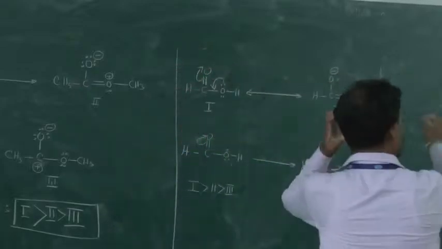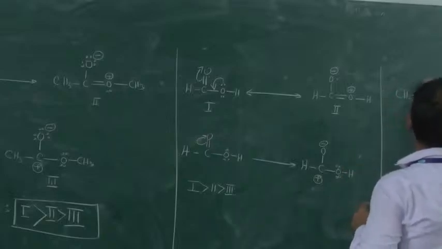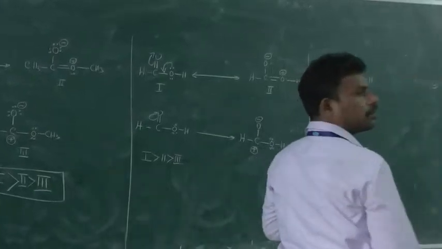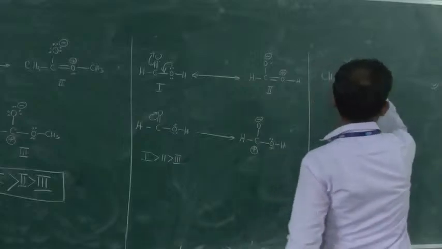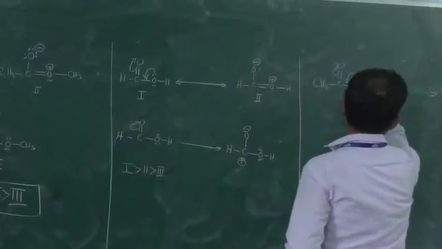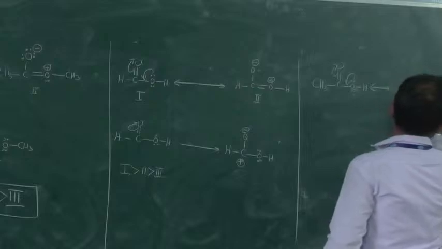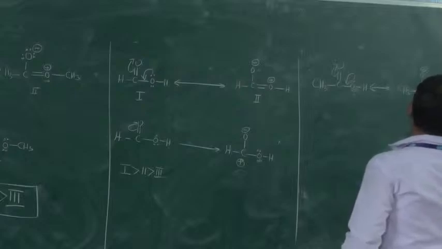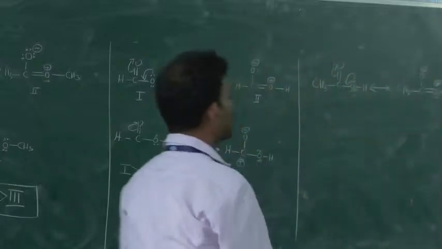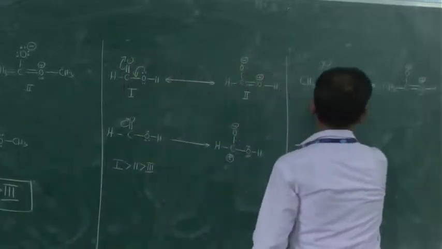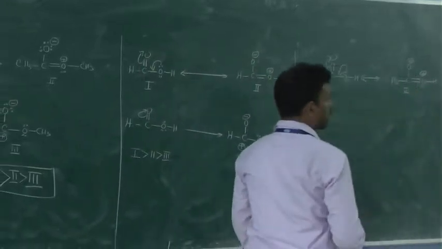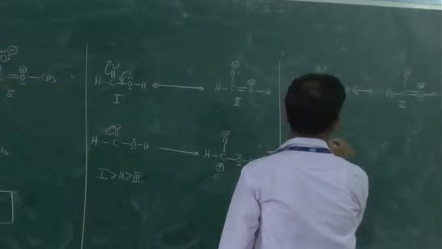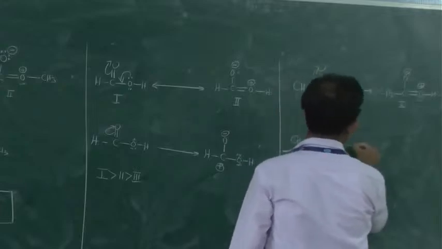This is your part. Is it clear? Now you have to go for acetic acid. Shift the lone pair towards the pi bond. So we take CH3, C, O negative, positive charge, the lone pair, OH. This is resonance structure 1, this is resonance structure 2. Next, CH3, C double bond O, in the OH shift the lone pair towards the pi bond.